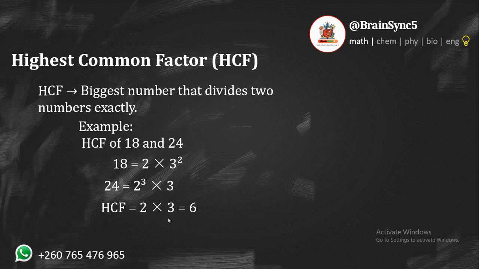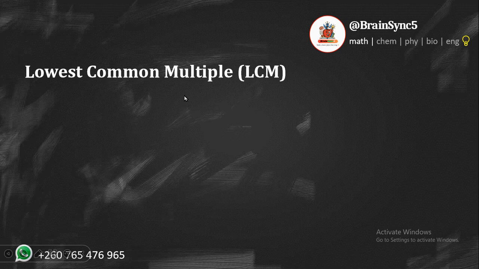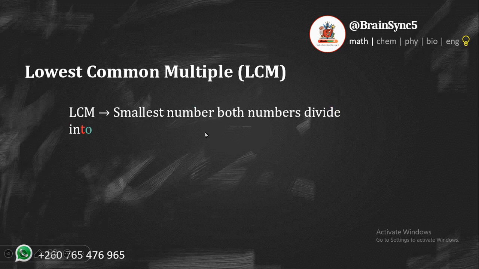So very well then, let's look at the lowest common multiple. As I stated earlier, multiples are just the opposite of factors. So this is how it will happen: the smallest number that both numbers divide into.